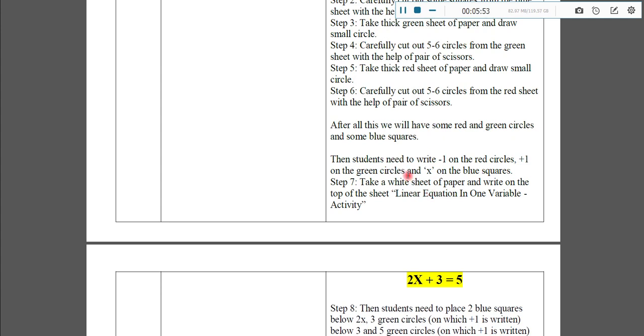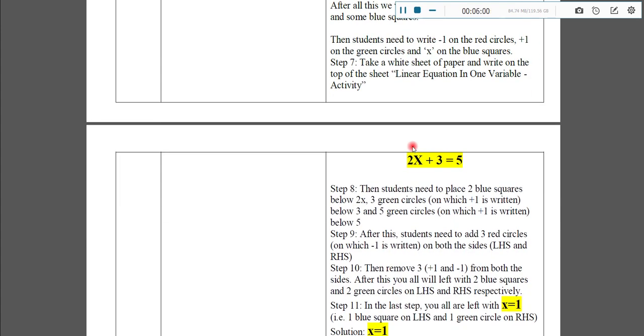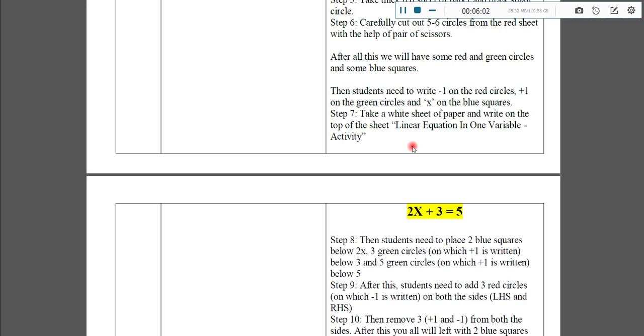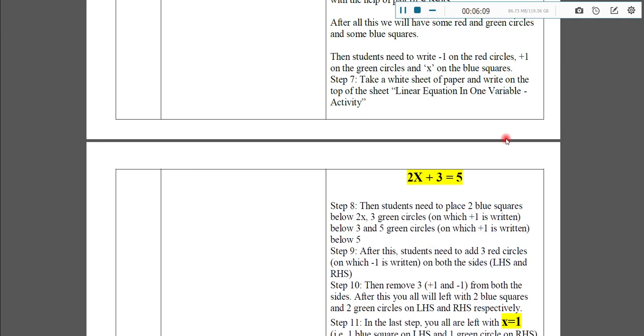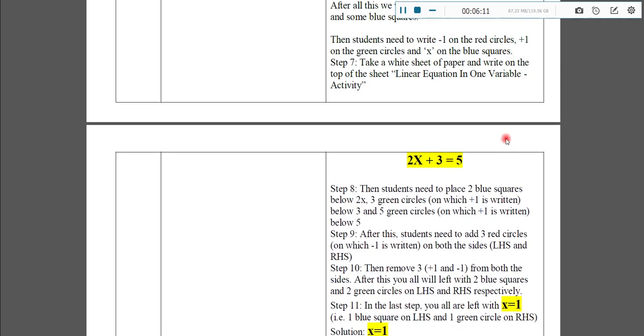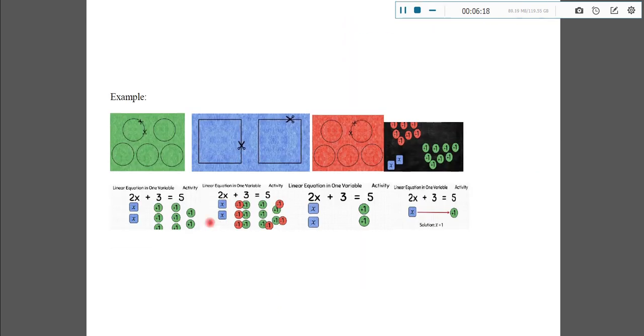After all this, we will have some red and green circles and some blue squares, right. Now students, you need to write -1 on the red circles, +1 on the green circles and x on the blue squares. Then the seventh step: take a white sheet of paper and write at the top of the sheet "linear equation one variable", and on the right hand side write "activity".